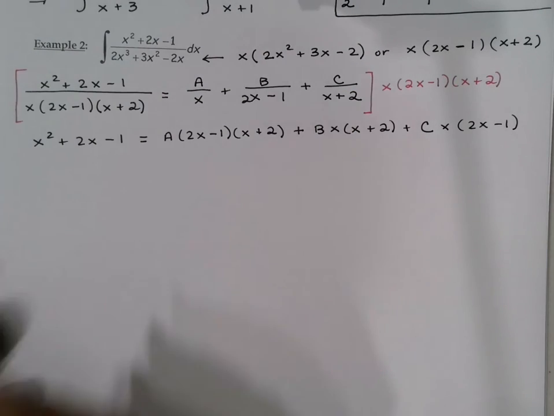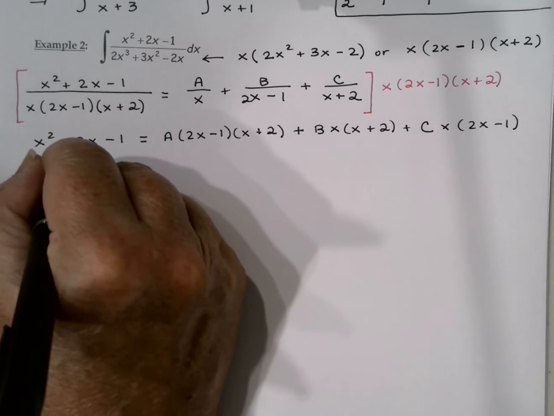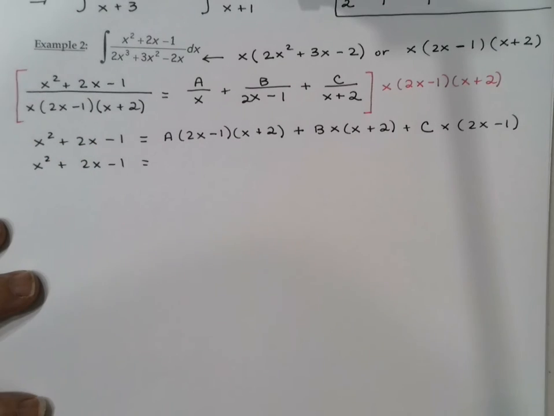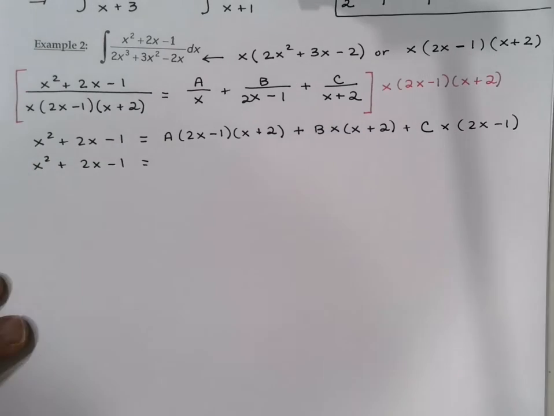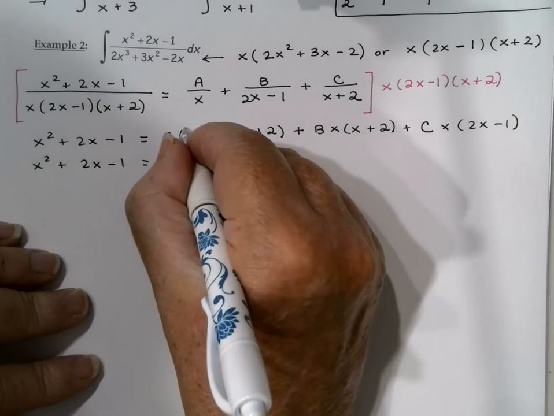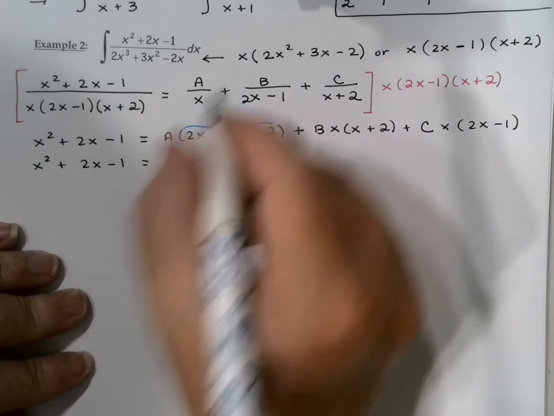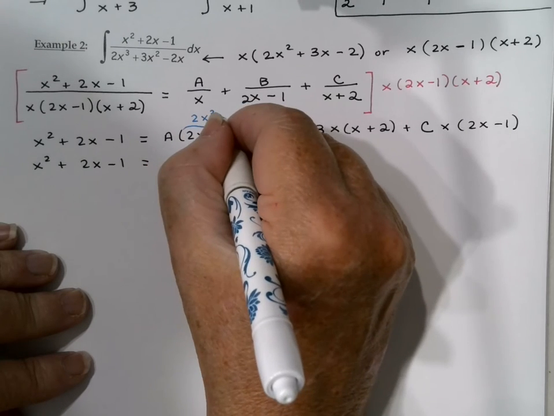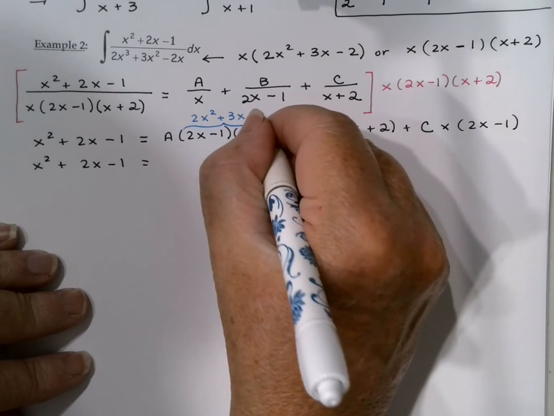All right, some algebra to do here. Let's see, just to speed things along a little bit and conserve my space, if I were to multiply these guys together, that would give me that 2x squared plus 3x minus 2, right?